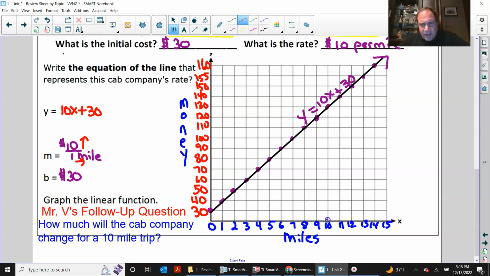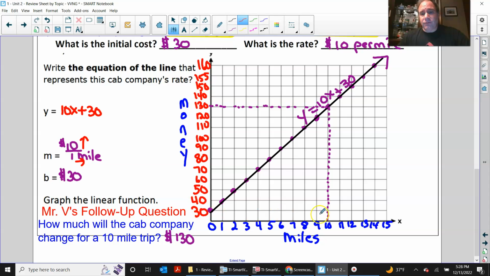And we're going to go right up, 10-mile trip. Hit the line and then go across. How much would that person be charged? It would be charged $130. That is a follow-up question. Now, we don't know if that's going to be on the exam, but if anything, that's how you do it.